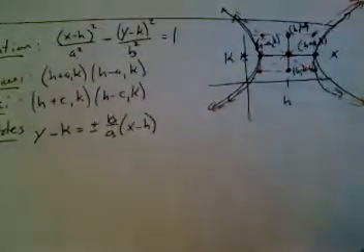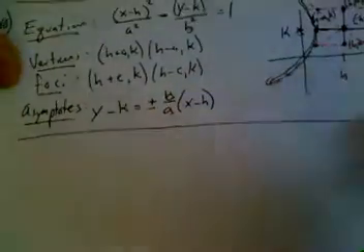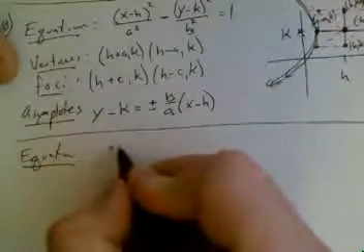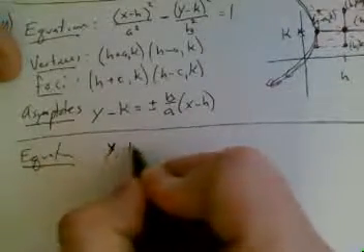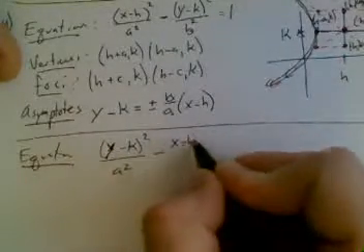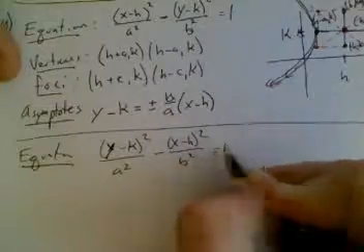Well, what if I had the transverse axis in terms of y? The equation would only change slightly. The equation would change to y minus k squared divided by a squared minus x minus h squared divided by b squared equals 1.